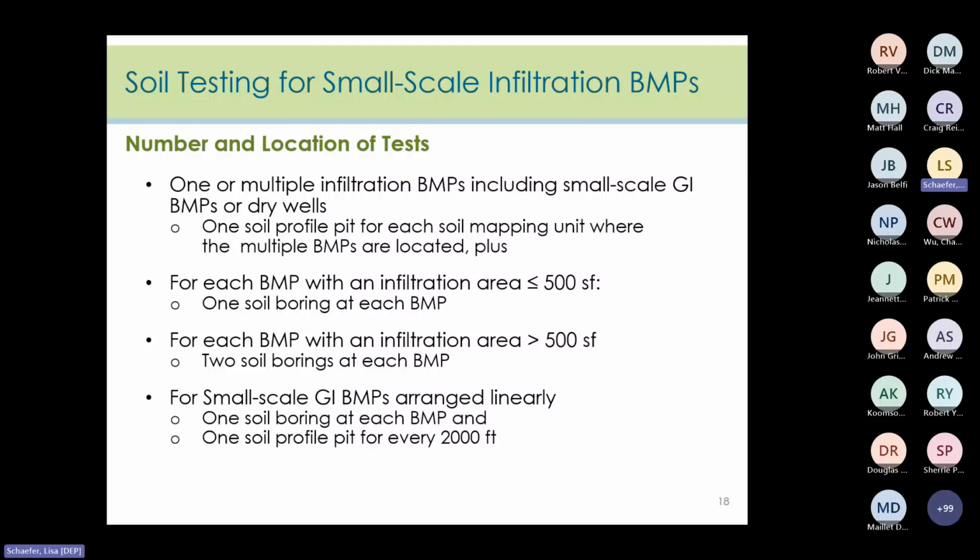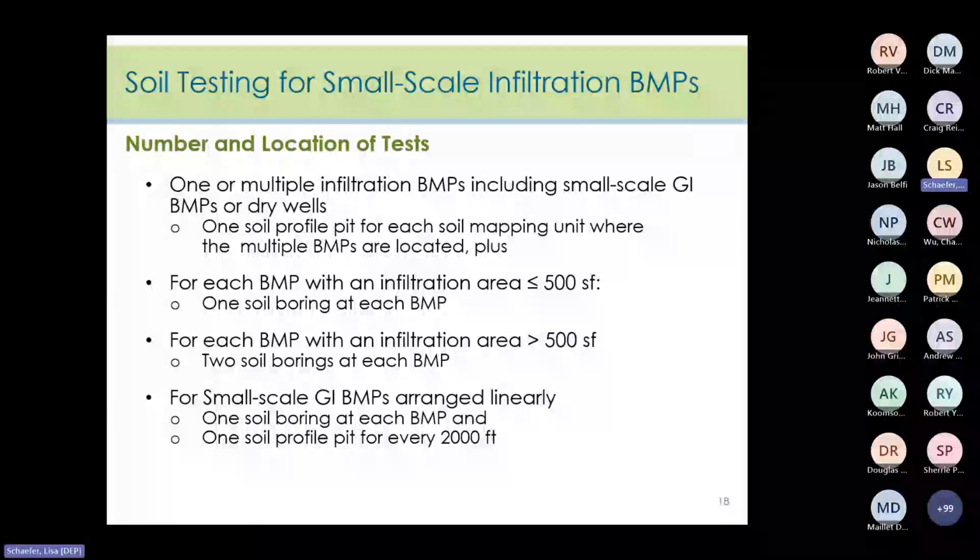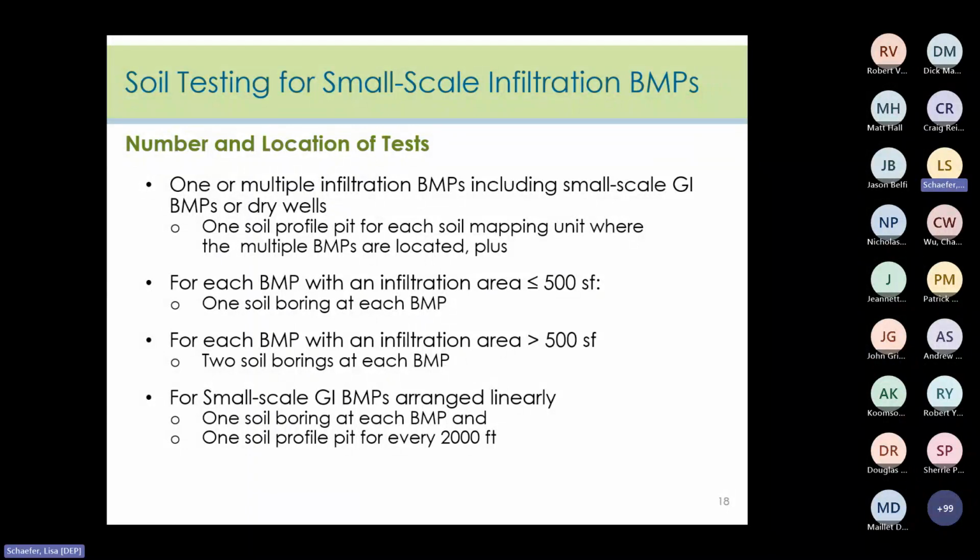All right, so soil testing for small scale infiltration BMPs. So when we have 1 or more of these BMPs that include our small scale GI BMPs or dry wells, we need 1 soil profile pit for each soil mapping unit where the multiple BMPs are located, plus for each BMP with an infiltration area less than or equal to 500 square feet, we're going to need 1 soil boring at each BMP.